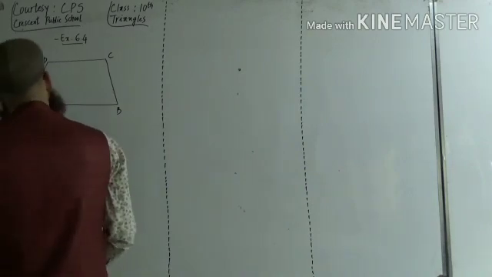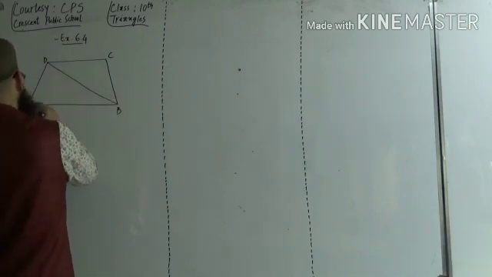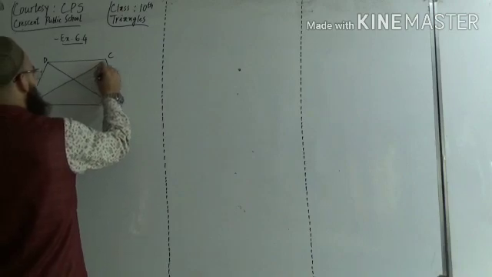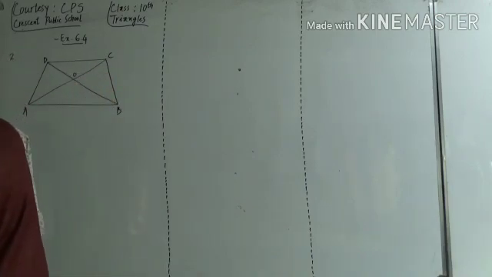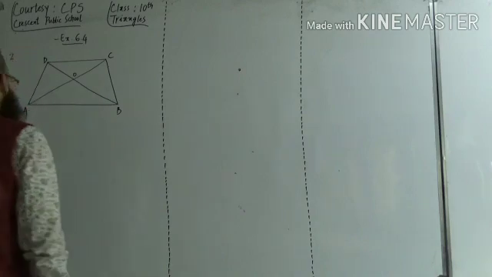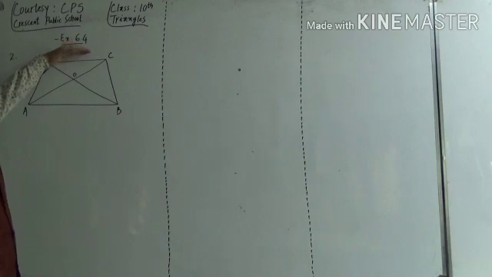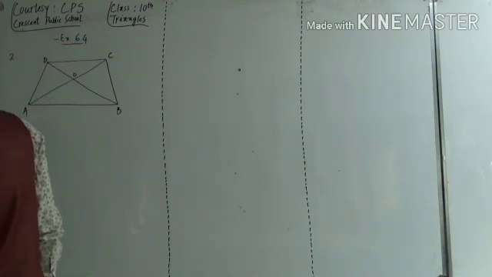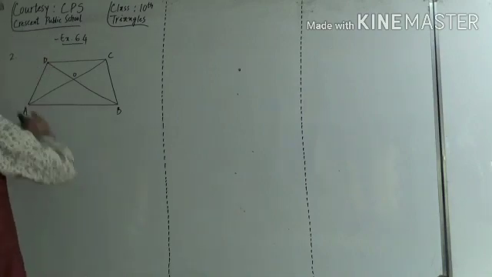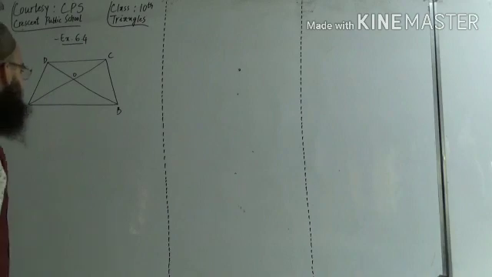The diagonals of this trapezium intersect at point O. If AB is equal to twice CD, find the ratio of areas of triangles AOB and COD. We need to find the ratio of areas of these two triangles.